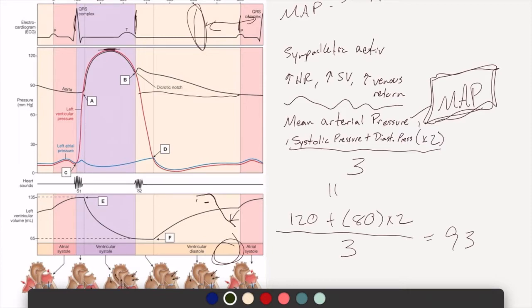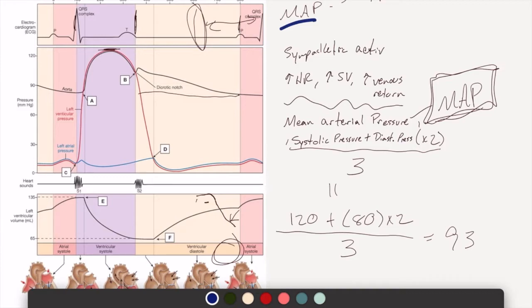But so last Thursday, just to recap, we talked about flow, and I'm going to highlight here in a couple of different ways. Flow and mean arterial pressure, really I say they're in opposition because as mean arterial pressure increases, that means the tension of the arteries is increasing, which is going to oppose flow.